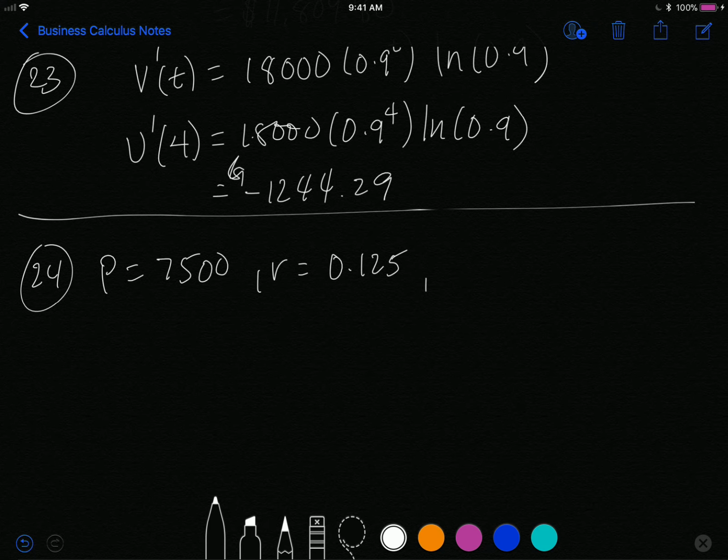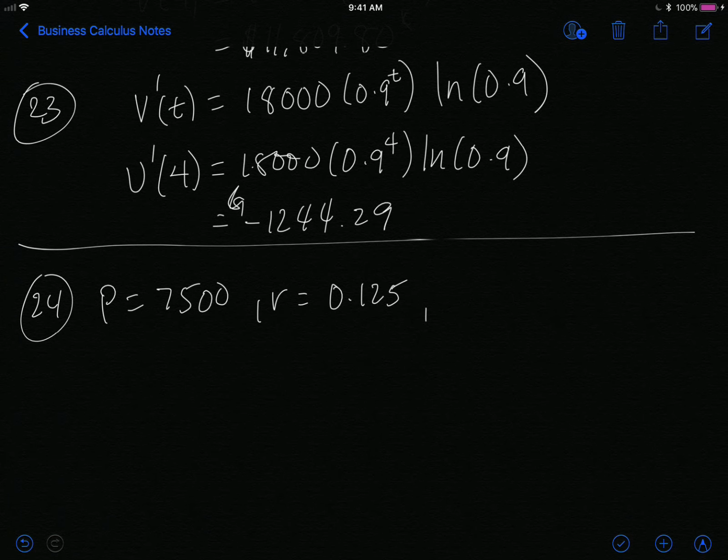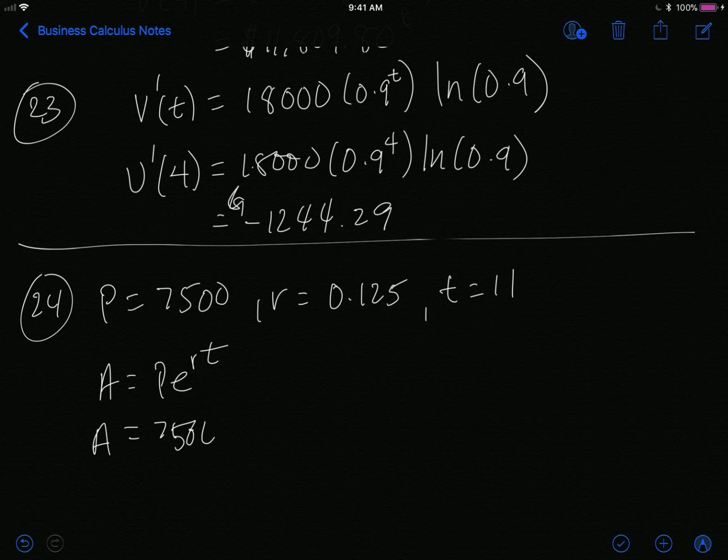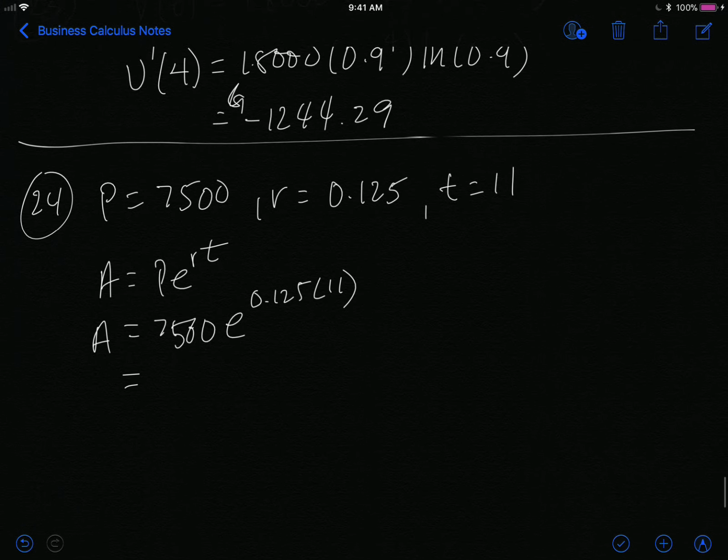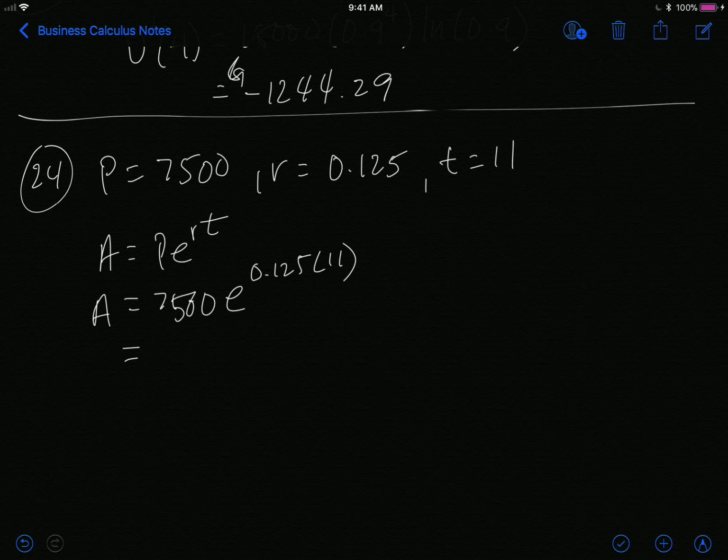And so then the question is, find the value after 11 years. So you use the formula A equals Pe^(rt). The amount that I will have is equal to the amount I invest, e raised to the 0.125 multiplied by 11. All of this just goes into your calculator.